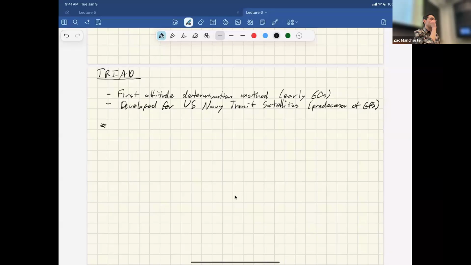Isn't there ambiguity about? That's exactly right. If I have one bearing vector, I could arbitrarily rotate around that vector. So that constrains the attitude in two degrees of freedom, but it doesn't constrain the third degree of freedom. So I need at least two linearly independent vectors to uniquely determine an attitude. Cool, so two is the minimum number.